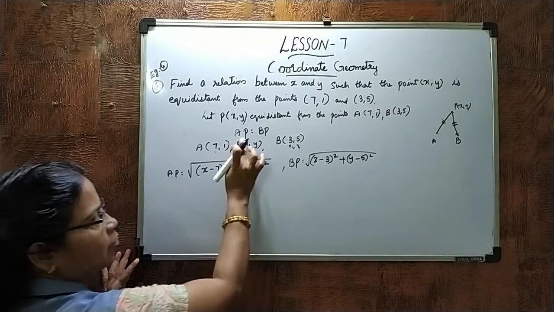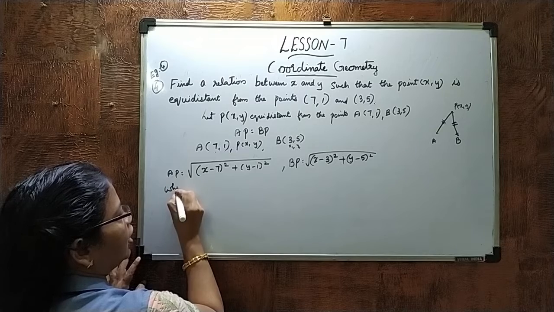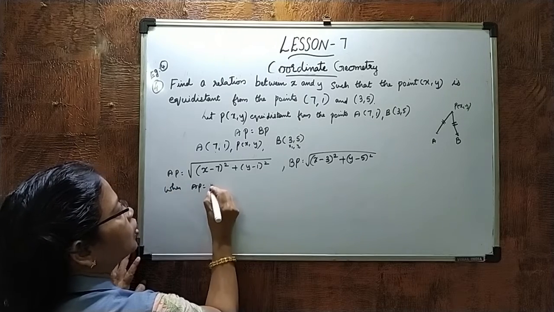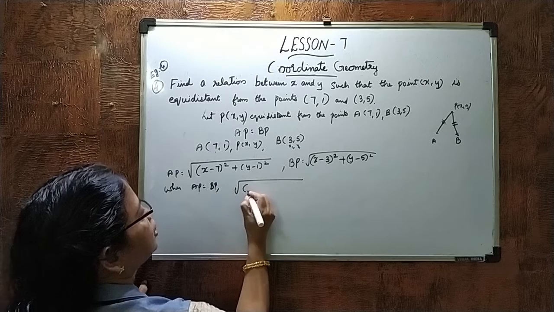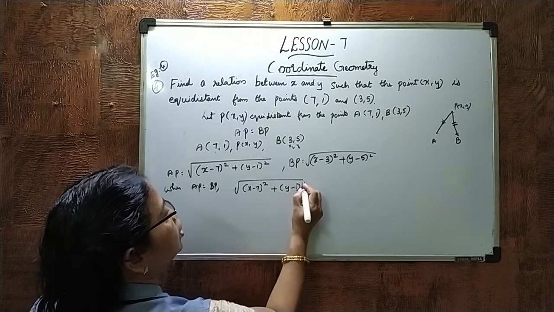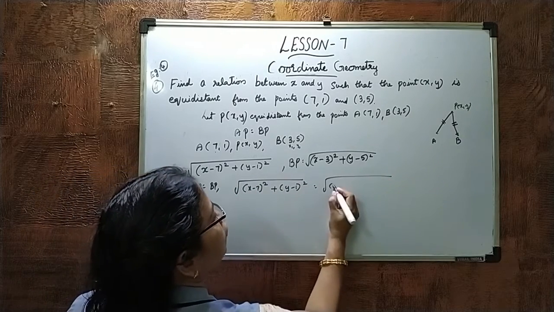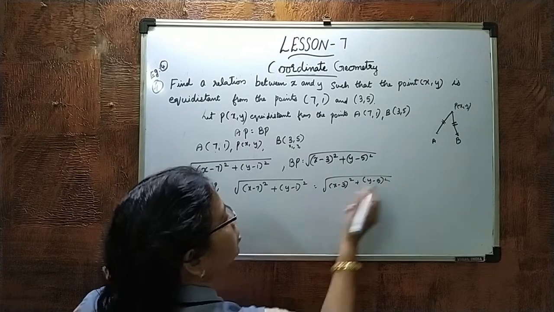They told you that AP equals BP. So when AP equals BP, root of (x minus 7) the whole square plus (y minus 1) the whole square equals root of (x minus 3) the whole square plus (y minus 5) the whole square.